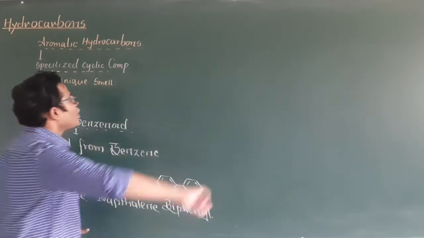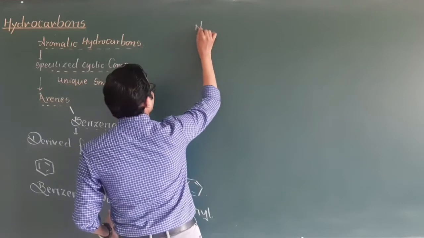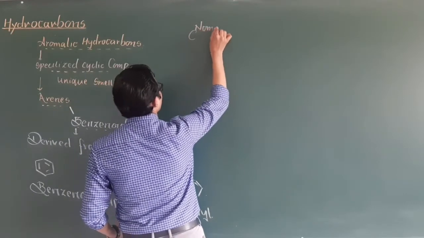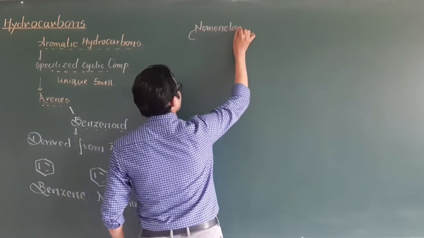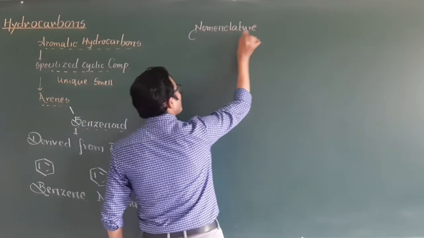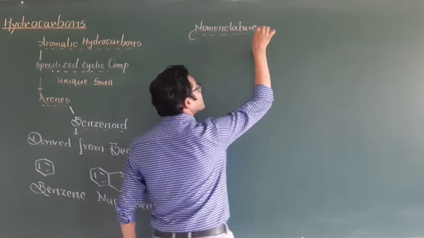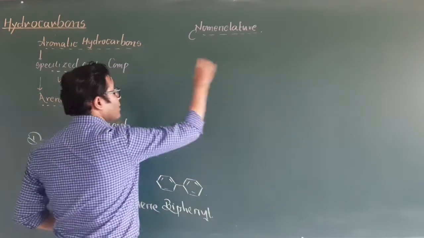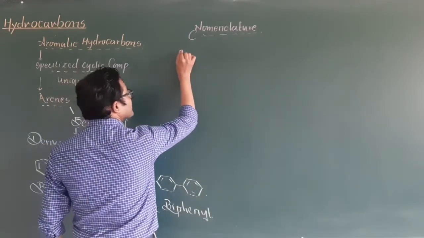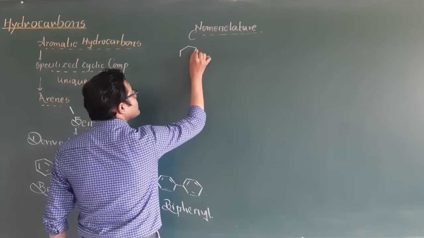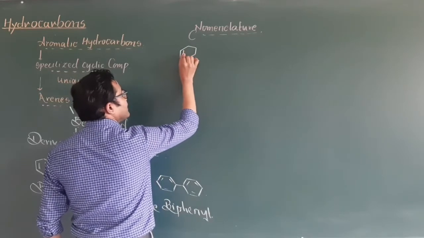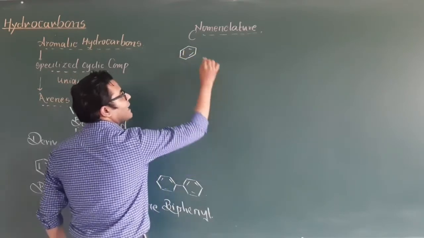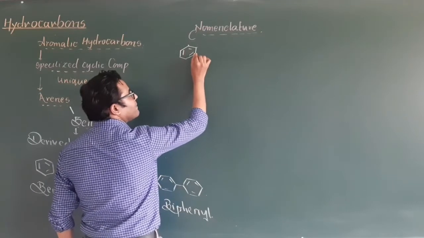We'll start our nomenclature for the simple monosubstituted compounds. Now why am I speaking about the monosubstituted compounds? It is because when you take a look at benzene, these are your carbons over here.